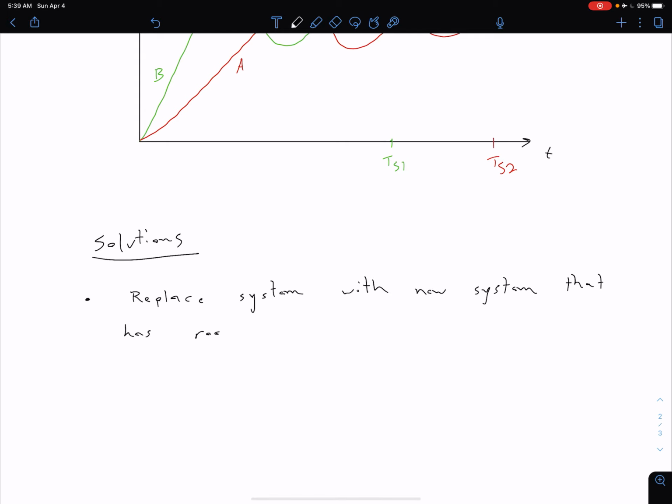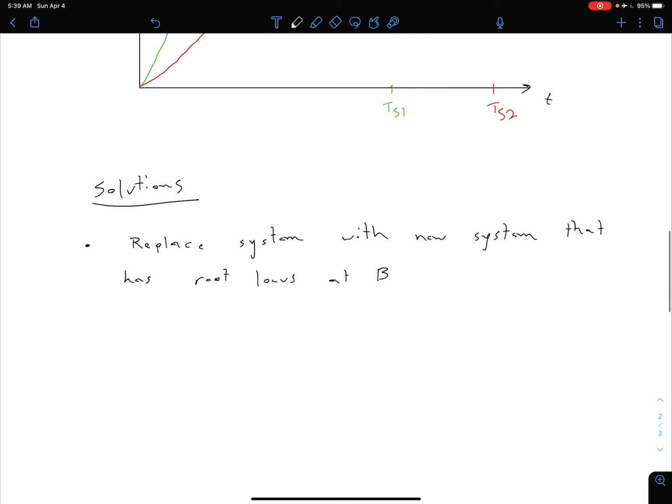And if we're talking about the specific example above, we can say it has some root locus at that pole location B.